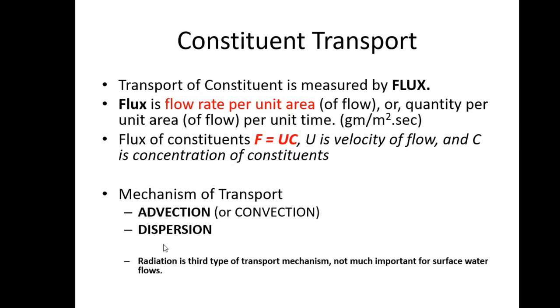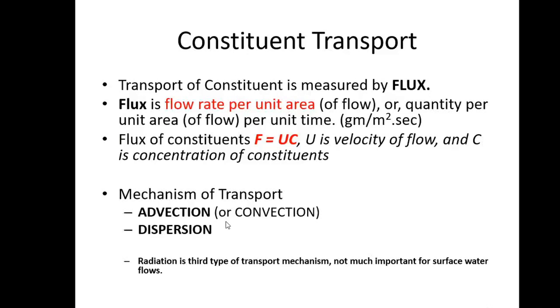In river and water quality books, transport with the help of radiation is not considered. Quantities are less and we don't model it. But radiation is important if we are analyzing heat or energy transport. For that it is important, and it will be used there.